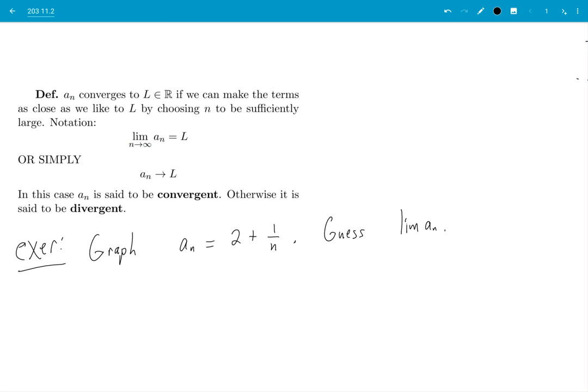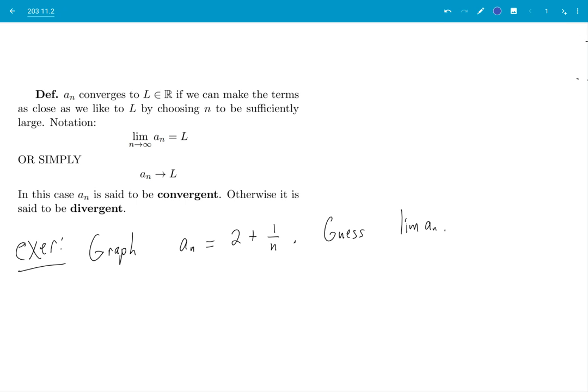Okay, you'll notice here I didn't write anything under here. Because when we're talking about a limit of a sequence, it is always n goes to infinity. So you could write n goes to infinity here, but when we're talking about sequences, it's kind of understood that n is going to infinity. So it's not necessary to put that.